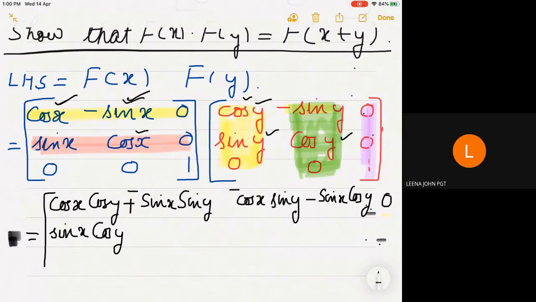Then cos x into the second element, that becomes cos x into sin y. Then plus 0 into 0, so that becomes 0. So I am not writing it.